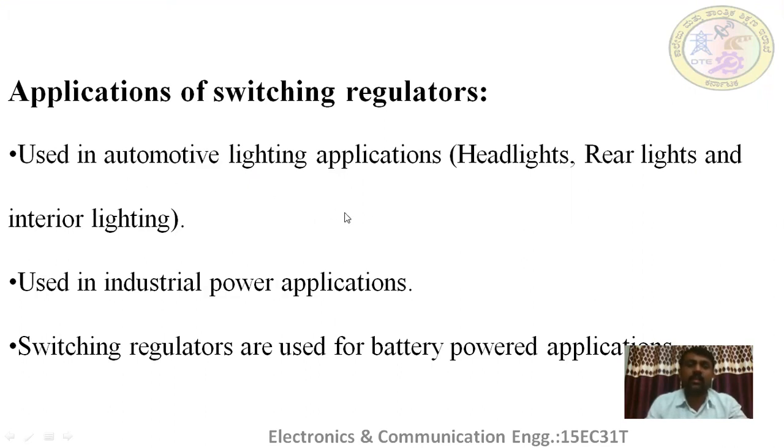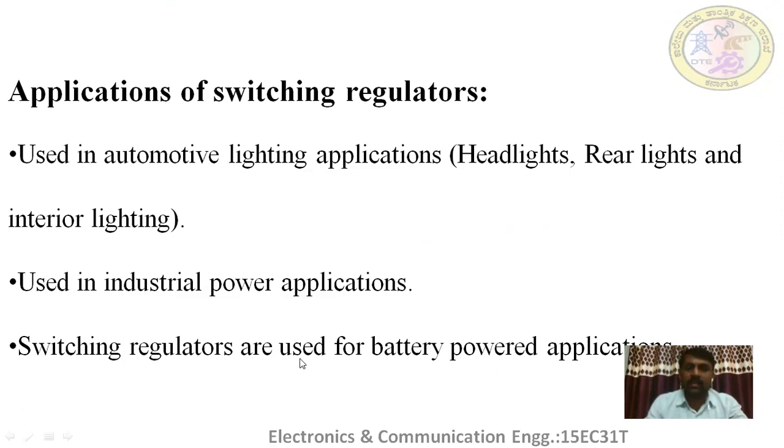And in order to charge the e-vehicles, it requires variable or different voltages than the 12 volts, as all the batteries are of 12 volts. And it is used in industrial power applications as a power supply to supply different DC voltages to the different phases.